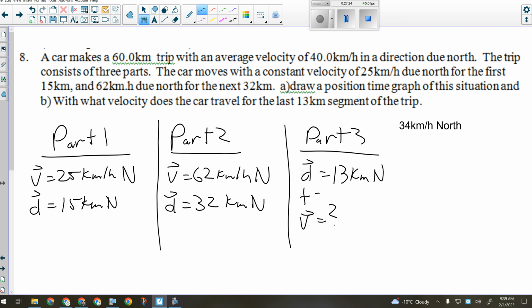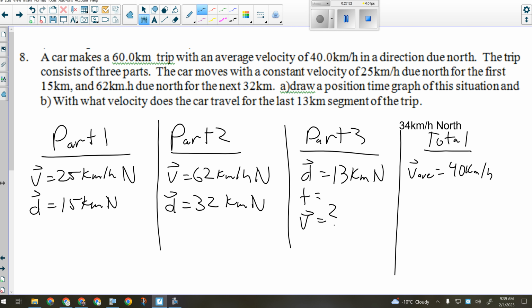Well, problem. I don't have the time for any of them. But I do have the total distance of the entire trip and the average velocity of the entire trip. So I can go over here and make a 4th column that are my totals. Okay? I know the average velocity is 40 kilometers per hour.